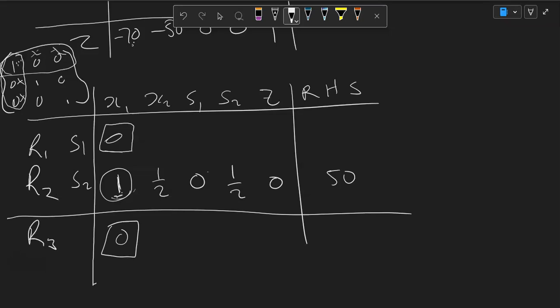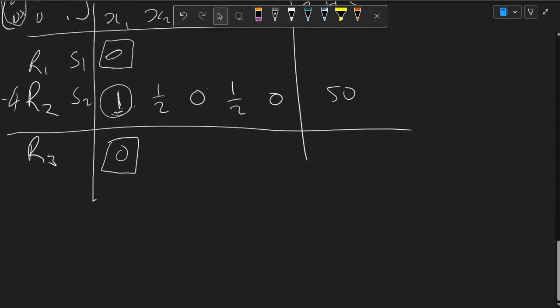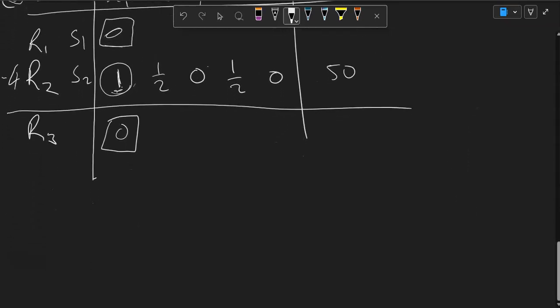We want this to be negative 4 so that it cancels out, meaning we multiply row 2 by negative 4. So if that is the case, then what we are going to have is negative 4 R2 plus R1 should give us 0, isn't it?